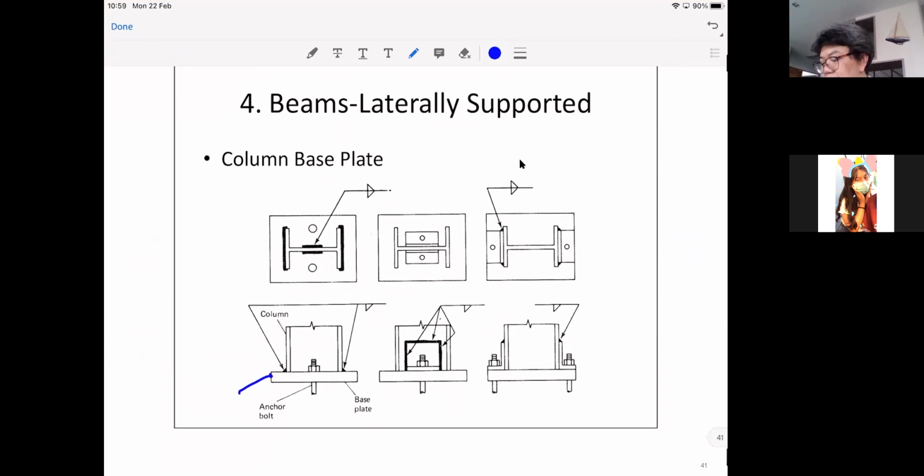And with the same business, you need the size of the column. Like I mentioned before, the size of the plate must be slightly bigger than the size of the column, so that you have the workspace to weld the column to the plate.